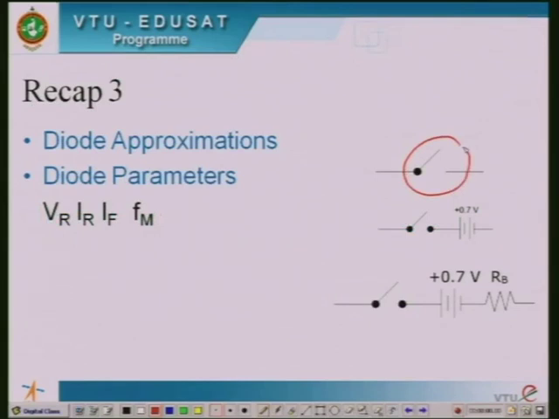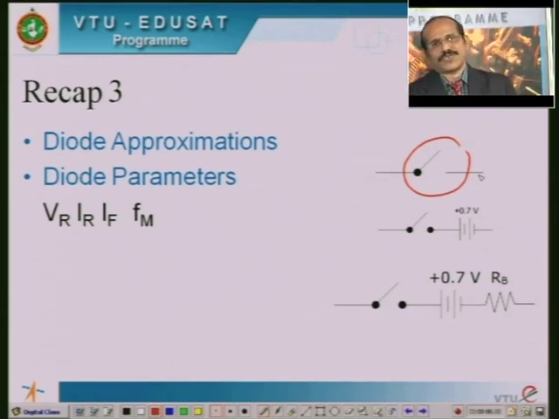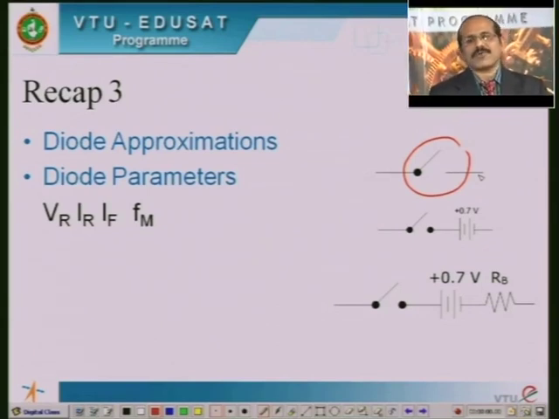Whenever the diode is forward bias, it acts as a closed switch, and if the diode is reverse bias, it acts as an open switch. This first approximation is used mainly to troubleshoot, that is, to test whether the diode is conducting or not conducting.